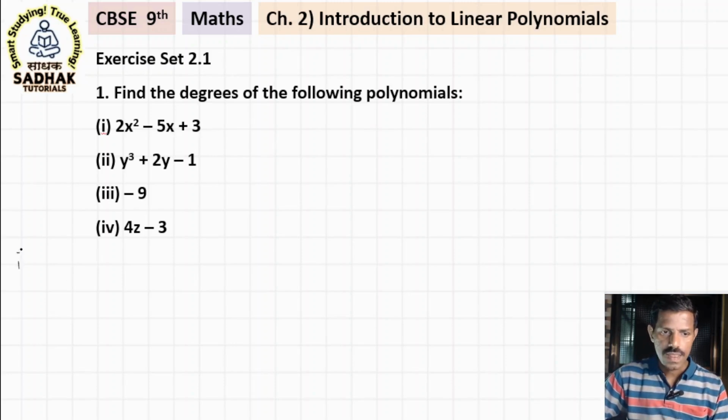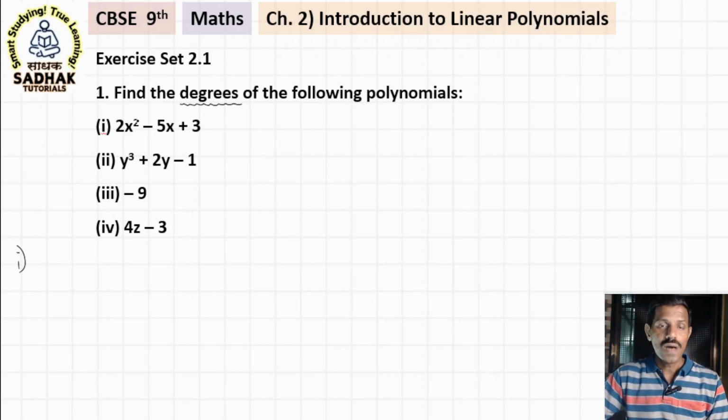Now friends, what do we mean by degree? These polynomials are algebraic expressions where there will be some variable, x, y, m, n, p. These variables will have some power, some index, in the exponent form.